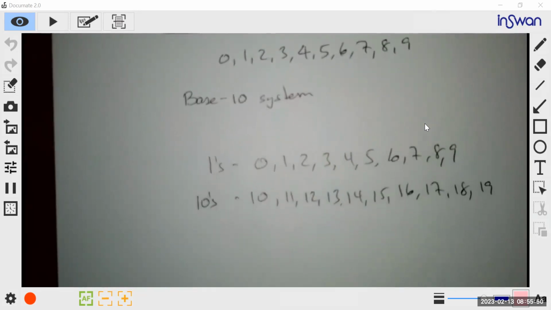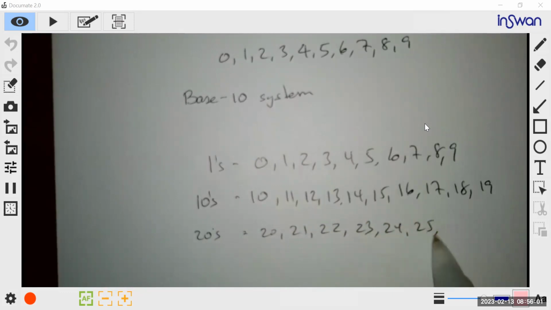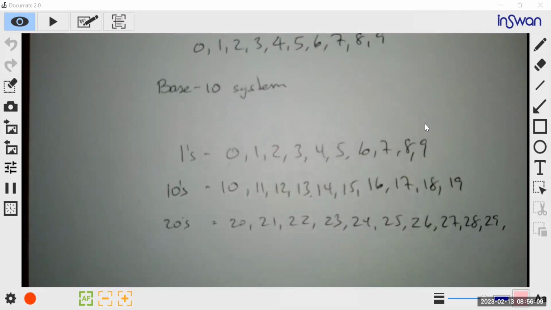After 19, the 20s. 20, 21, 22, 23, 24, 25, 26, 27, 28, 29. How many numbers are there from 0 to 9? 10, which is why we call it the base 10 system.